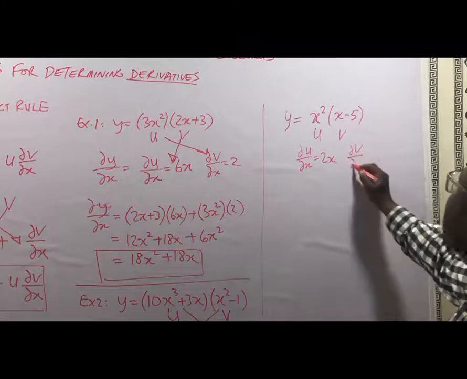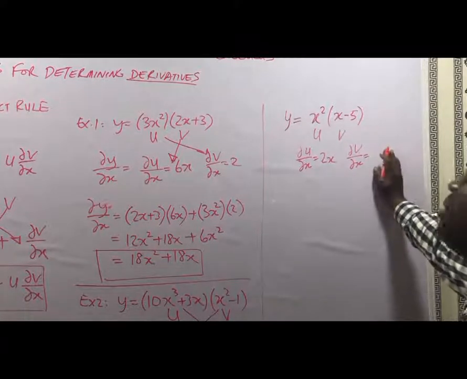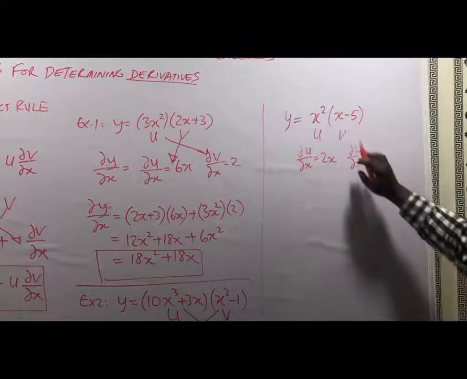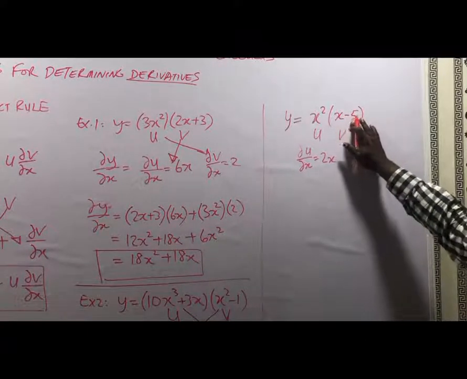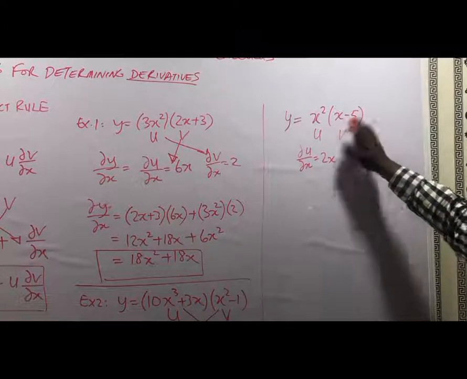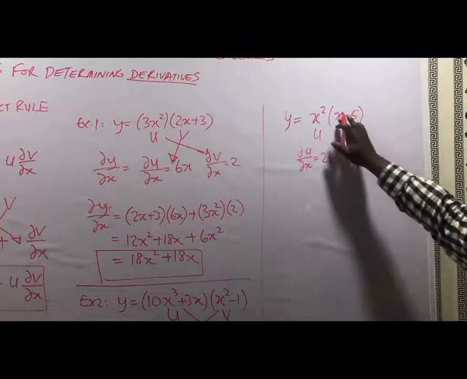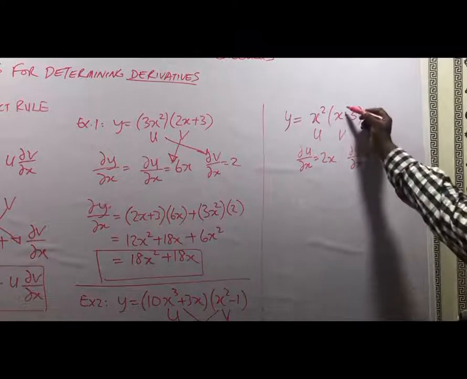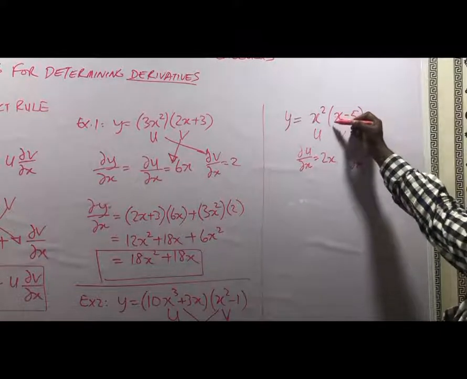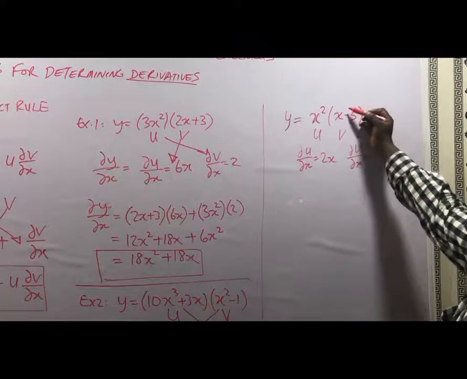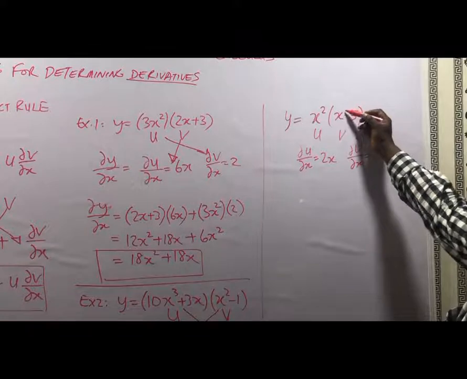with the second one, what will it be? To differentiate this, if we differentiate minus 5, that gives us 0. But if we differentiate x, we're left with 1. Because we have 1 on this side coming to this side, 1 times 1, then 1 minus 1 is 0. So x raised to the power 0 leaves us with 1.